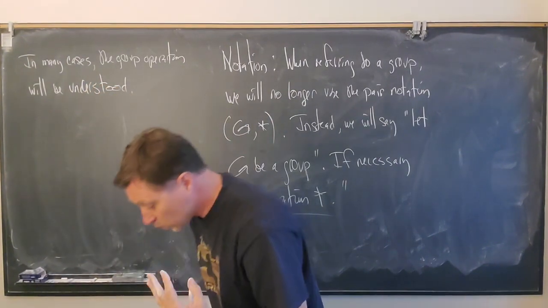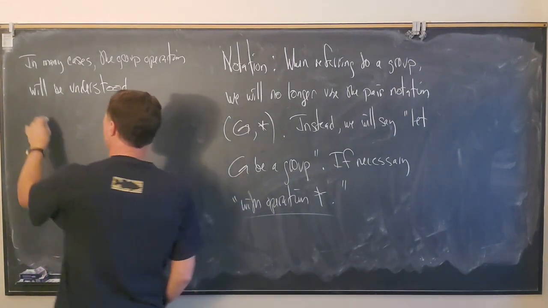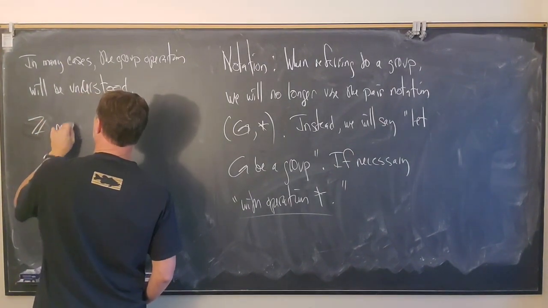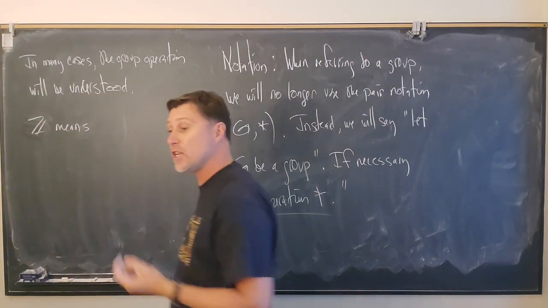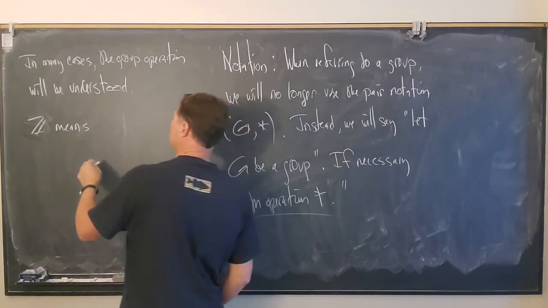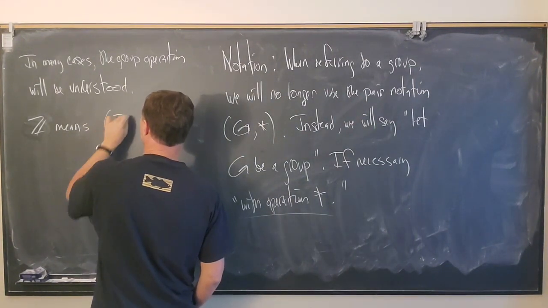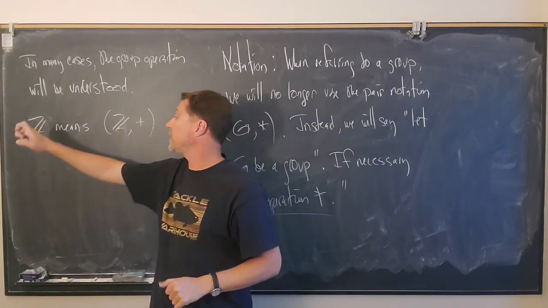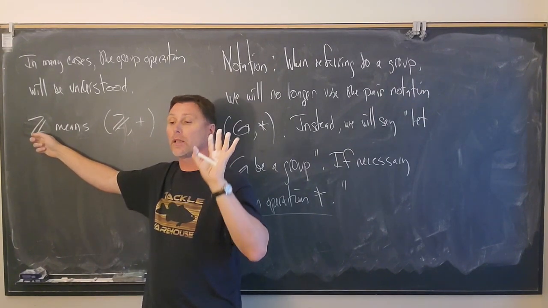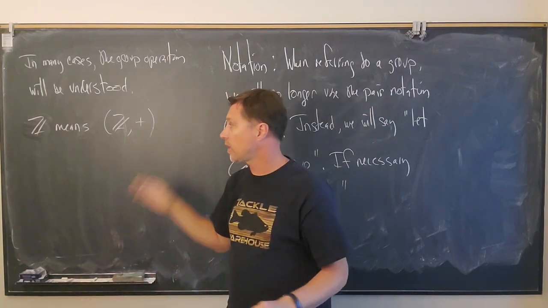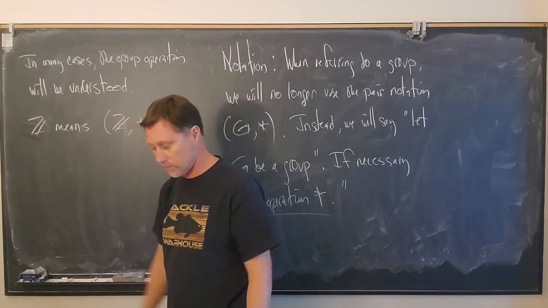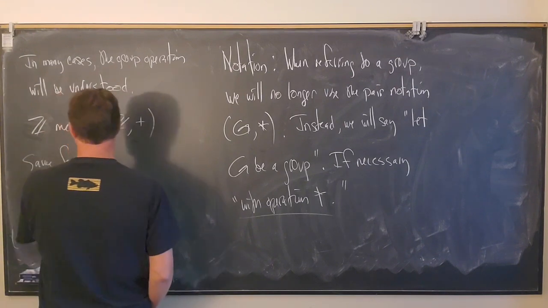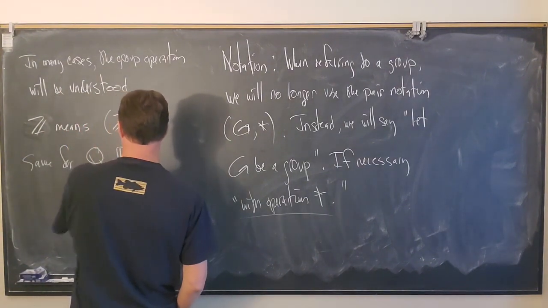These ones right here are standard. When we talk about Z, Z means the group of integers with the operation of addition. From now on, when we talk about Z, unless otherwise stated, the operation on the integers is addition. Same for Q, R, and C.